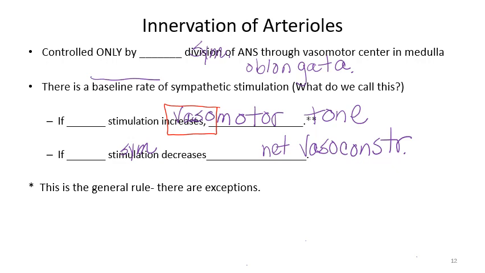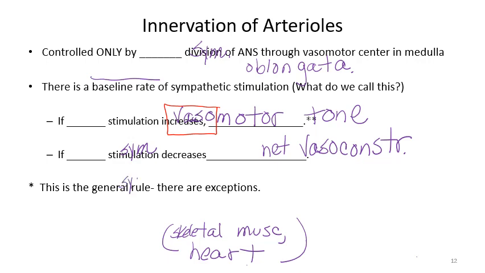The ones that don't are the ones that are supplying skeletal muscle and the heart muscle. But again, the vast majority of the vessels in your body are the vessels that are going to your skin and to your organs. So they're going to constrict in response to the sympathetic nervous system. And then if the sympathetic nervous system stimulation decreases, then we're going to get what we call overall in the whole body a net vasodilation.